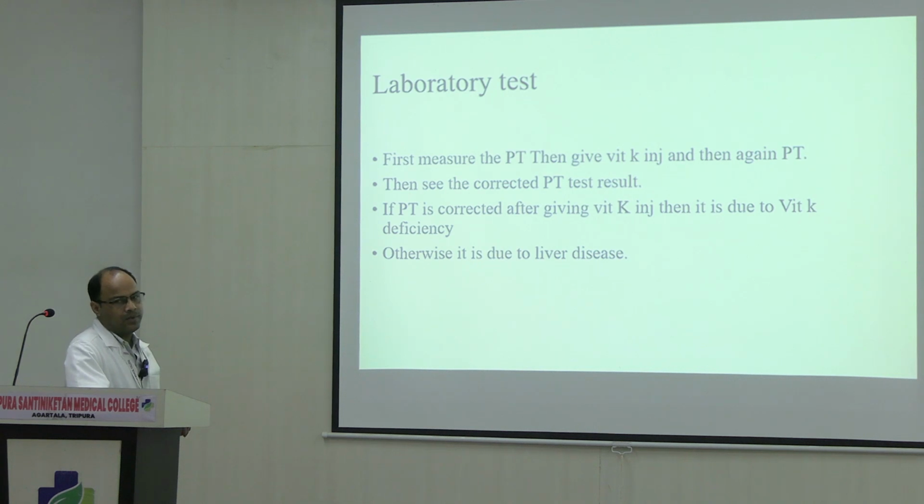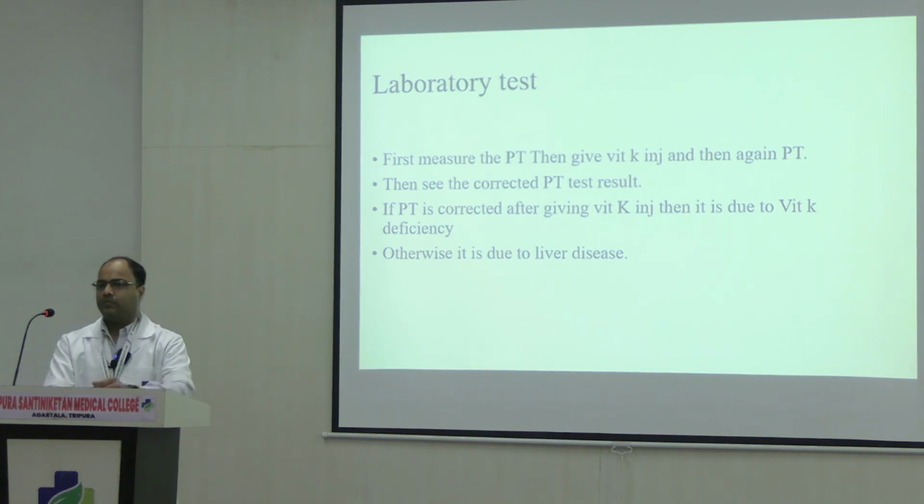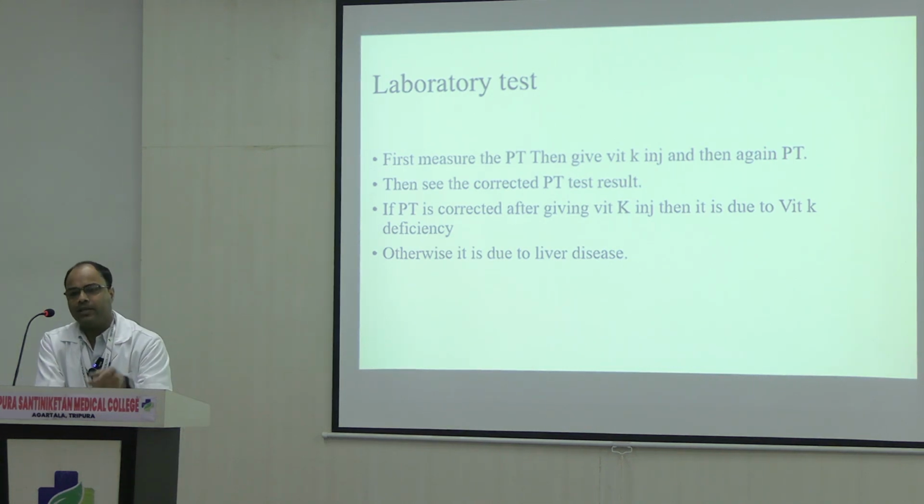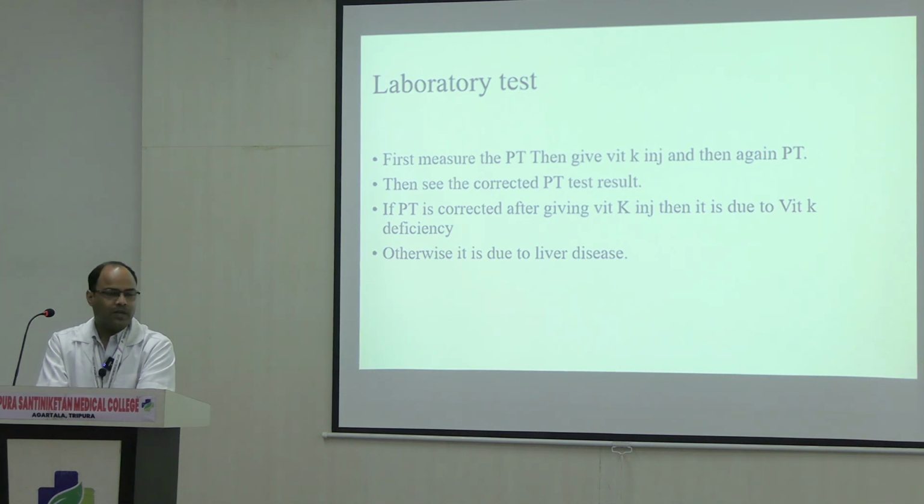Lab test for vitamin K deficiency: we first see the prothrombin time. If prothrombin time is high, we inject vitamin K, and then again we test prothrombin time. If the time is corrected after vitamin K administration, then the patient is suffering from vitamin K deficiency.